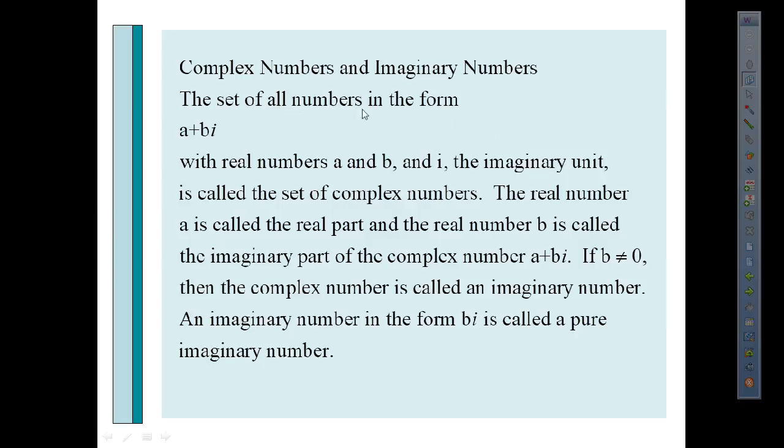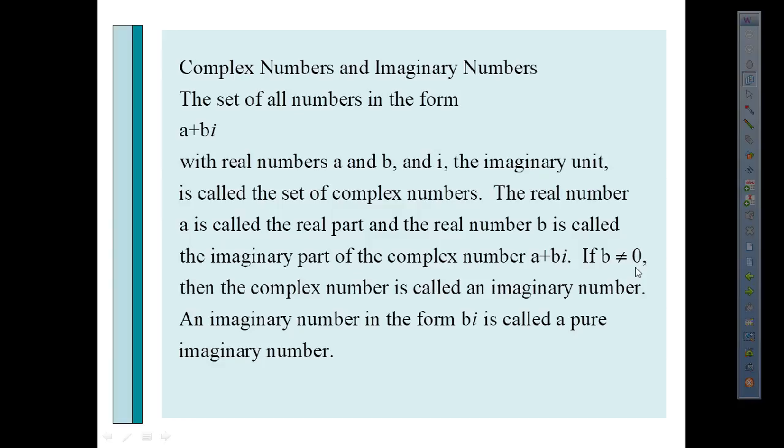Now, complex numbers and imaginary numbers are the set of all numbers in the form a plus bi, with real numbers a and b, where a is the real part, b is the coefficient of the imaginary part, and i is the imaginary unit. The real number a is called the real part, and the real number b is called the imaginary part of the complex number a plus bi.